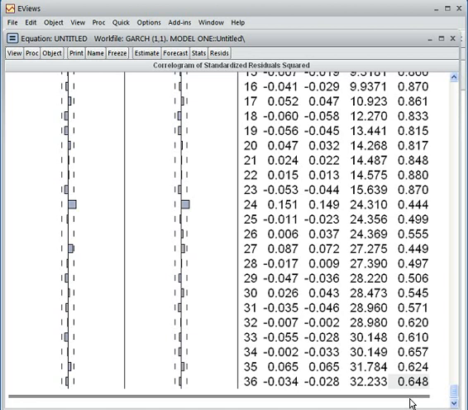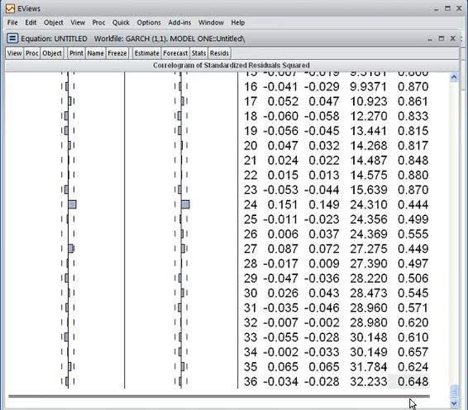And what is our null hypothesis? There is no serial correlation. So we cannot reject it, meaning that the GARCH model with normal distribution has no serial correlation. That is a good sign.